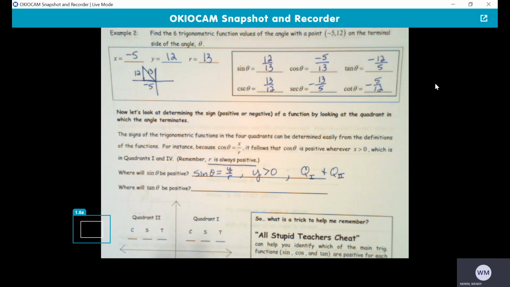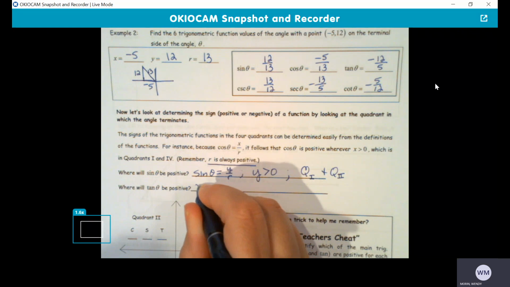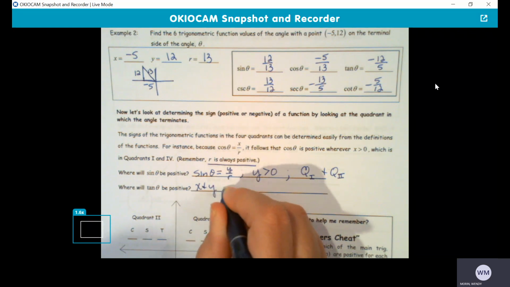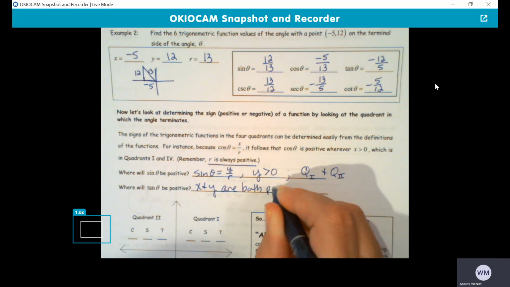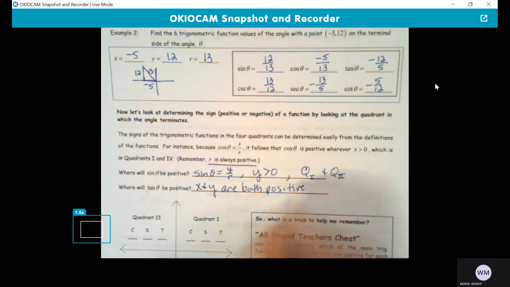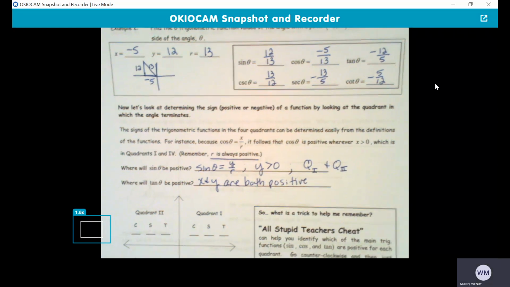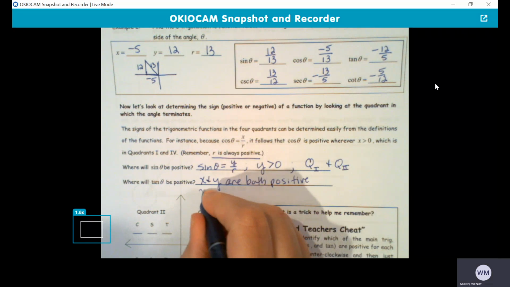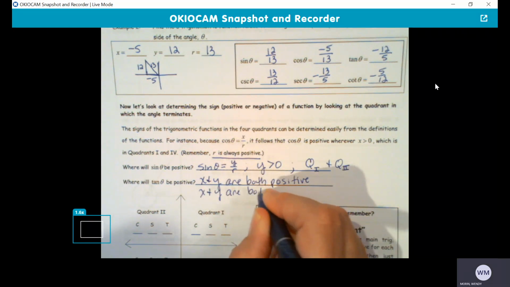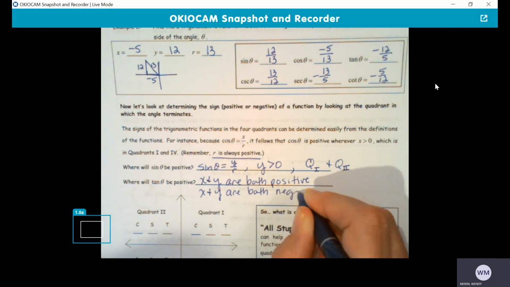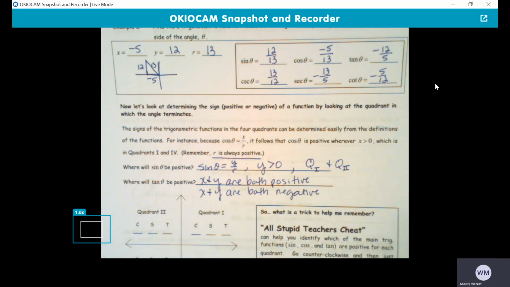But what about tangent? Tangent will be positive when x and y are both positive or x and y are both negative. So when does that happen?